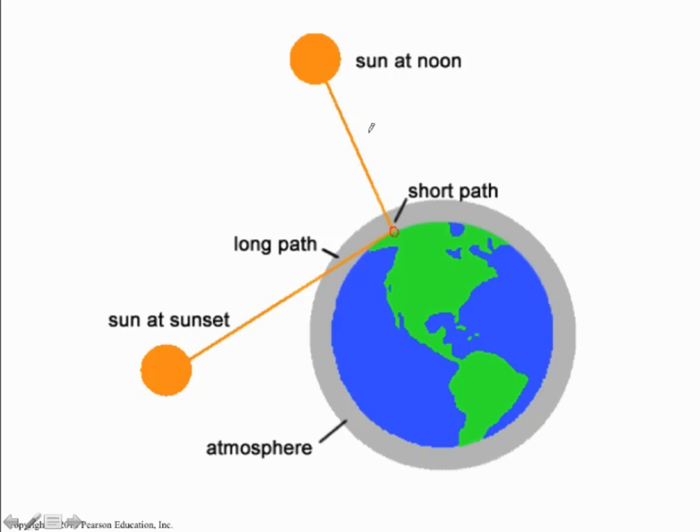Now, how about later on in the day when he sees the sun setting? Over here, the sun's setting in the west. The same observer in the same place is looking at the sun. Notice that there's a much longer path.